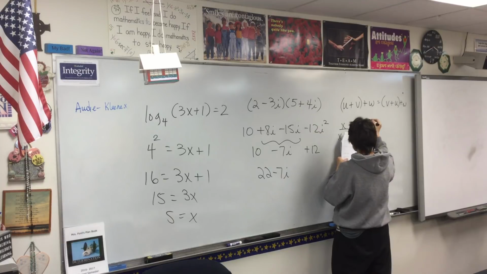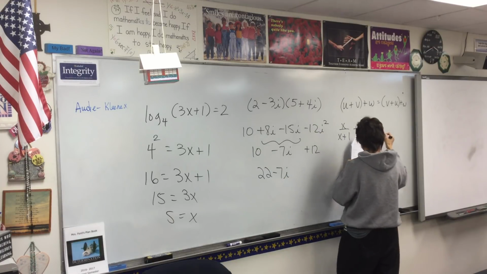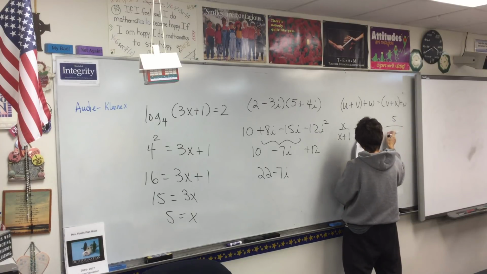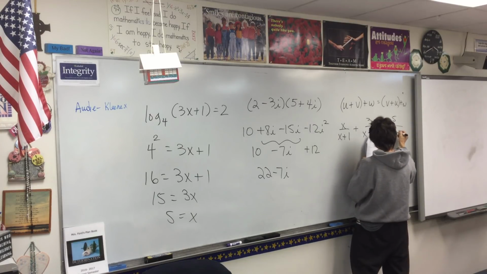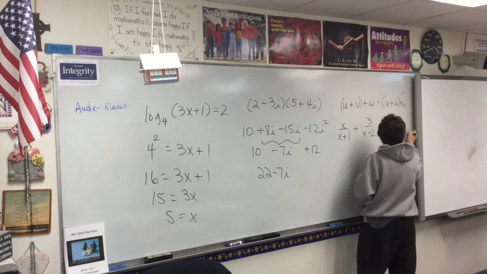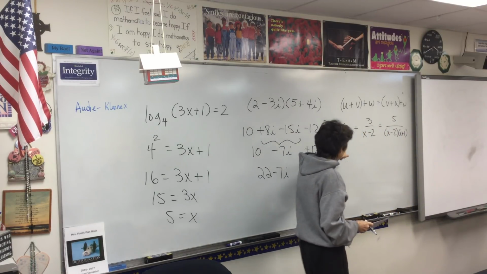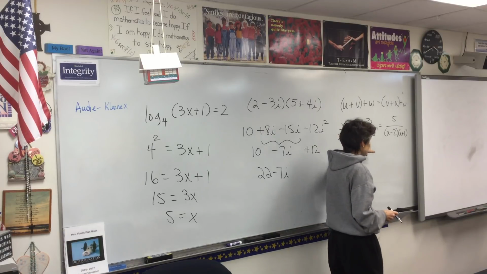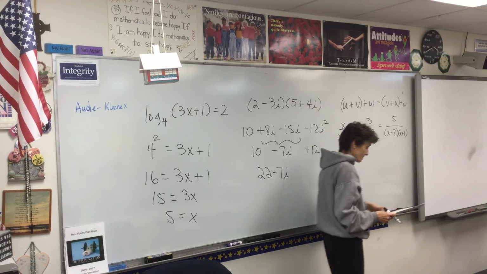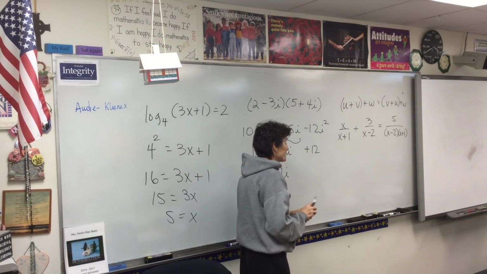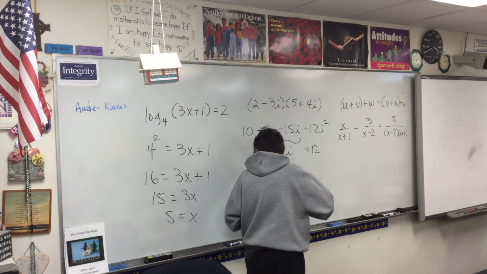As I copy this down to save myself some room and some writing, I'm going to go ahead and factor this last denominator. You should always factor any denominator that factors. Obviously this one doesn't factor and that one doesn't factor, but this one does. So I am going to factor every denominator that factors.